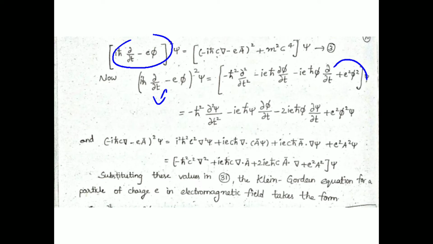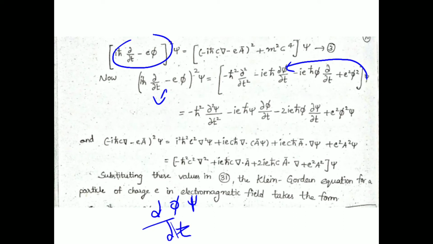And next, this step is very important and could be confusing. This xi is multiplied inside, so already we have ∂φ/∂t, and next we are multiplying with xi.